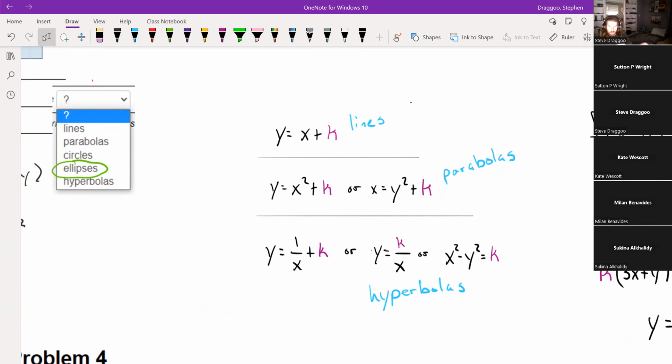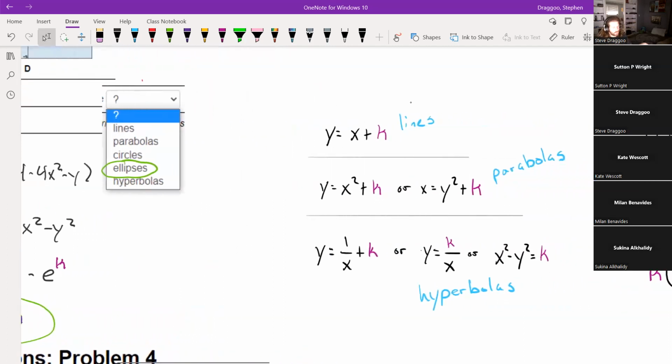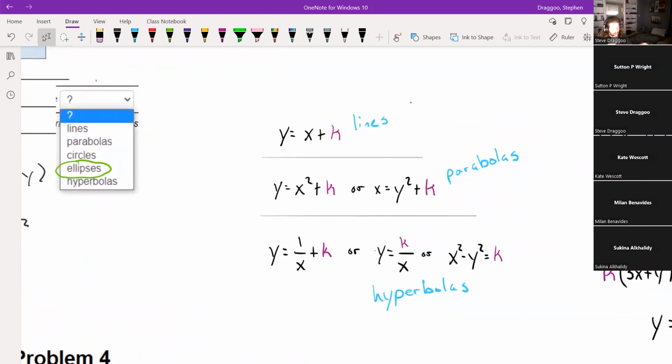So we just had an example where we saw that our level curves were ellipses because we had 4x squared plus y squared equals some constant value. But if we had circles, it would look basically the same, just that the coefficient on x squared and y squared would both be 1. If they have different coefficients, it's an ellipse instead. So it's probably the other 3 that are more interesting to look at.